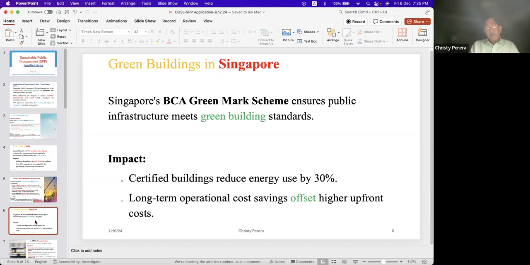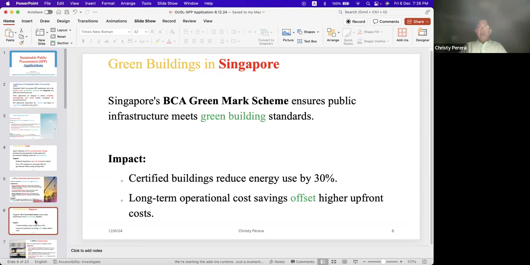Now, I don't want to explain to you one by one the meaning of all these words and sentences, because you can understand. What is the impact? Certified buildings reduce energy use by 30%. These green buildings, just imagine, they will reduce the energy consumption.